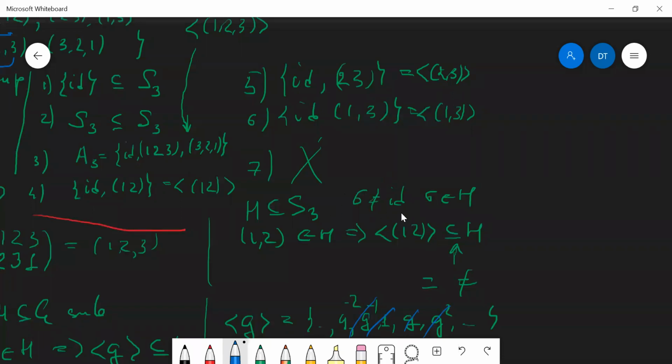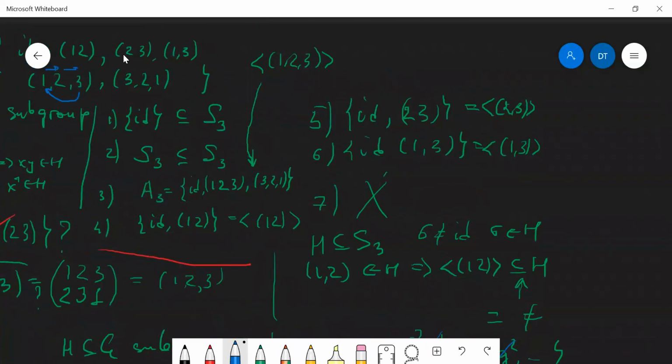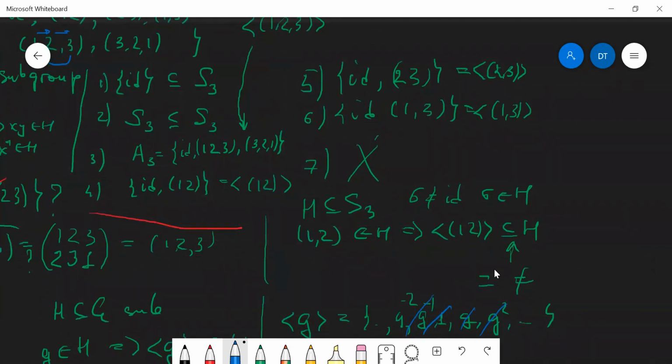We consider the case where our subgroup H contains at least one non-identity element, which is this, or this. And in this case, we have this inclusion. I considered only one possibility, when this inclusion is equality. This leads to these 4 cases, 3, 4, 5, and 6. So do you have any question regarding this part of the proof?